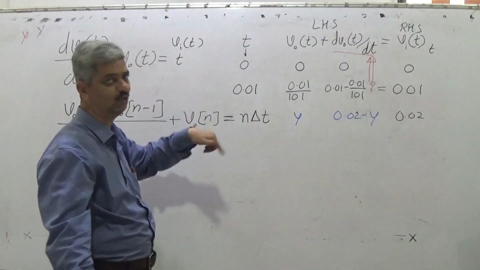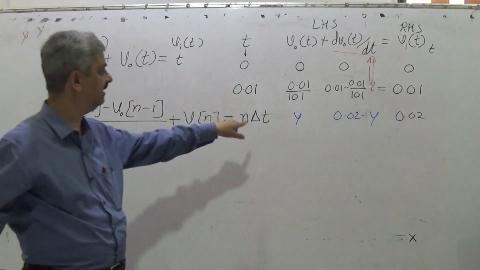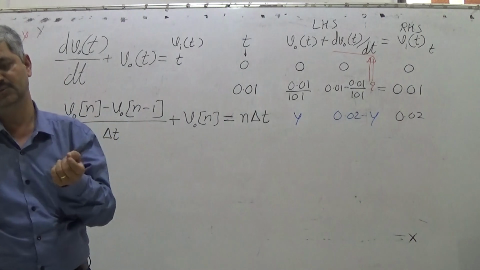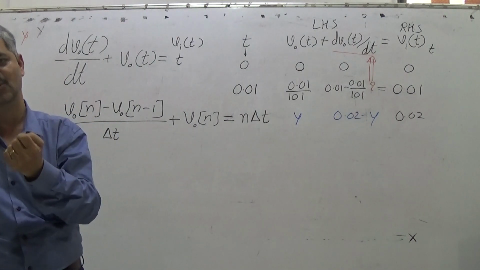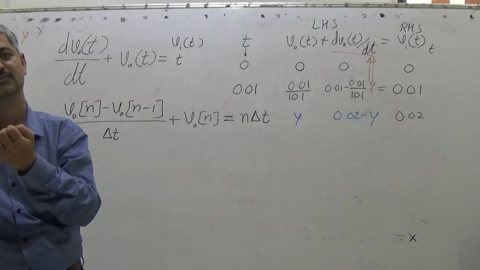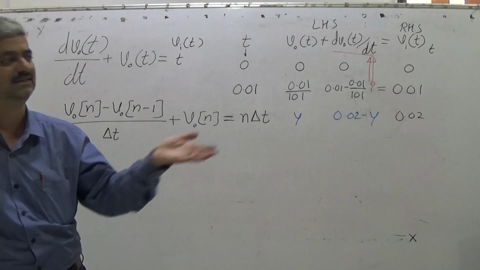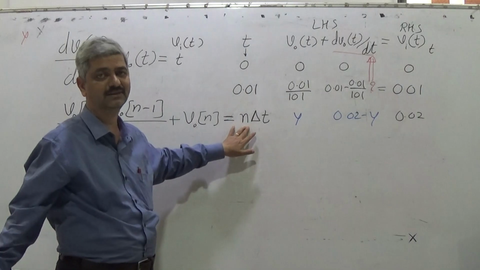And t is nothing but n delta t, where n is 0, 1, 2, 3, indicating which sample. If you take readings at each 0.001, then after 1000 readings you will come to t equal to 1.